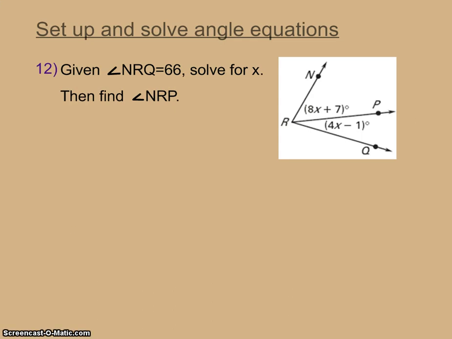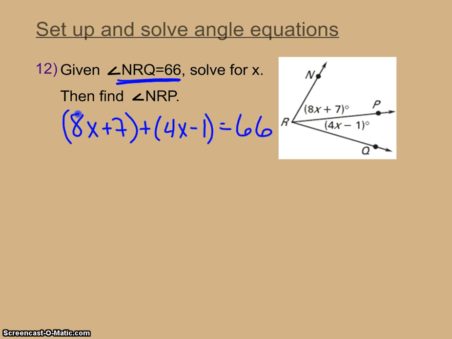Given that angle NRQ equals 66, solve for x, then find angle NRP. So remember, this is angle addition. Just like segment addition, we have two angles that equal a third angle, so we have to put our parts together. We know that one part is 8x plus 7, another part is 4x minus 1, and our whole angle is given right here with 66.